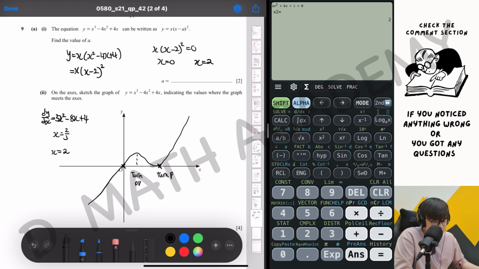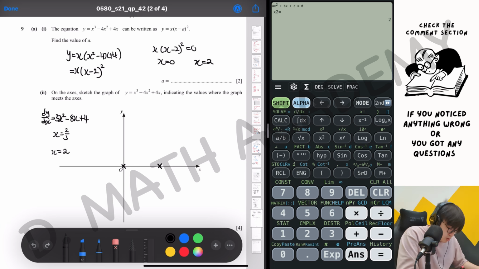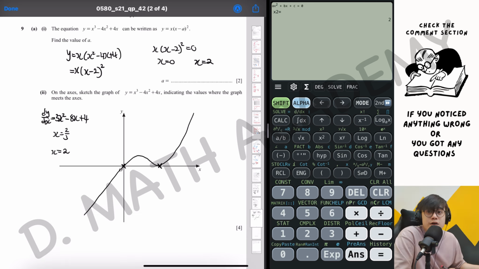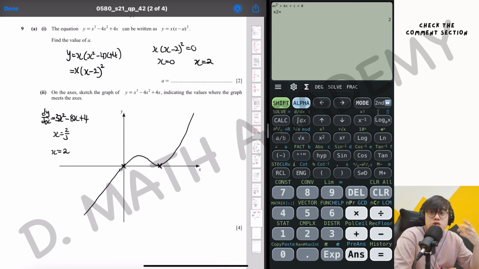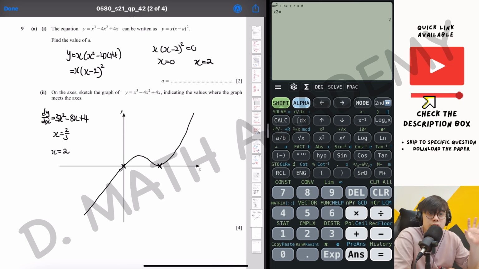Okay, to make it nicer, I will erase everything and redraw it. Okay, it's much nicer now. So this will be my final answer. So utilize your differentiation concept to identify the turning point so that everything looks much simpler here.